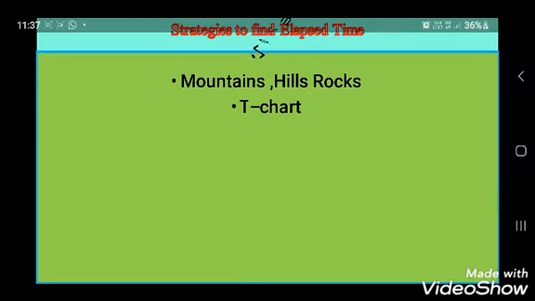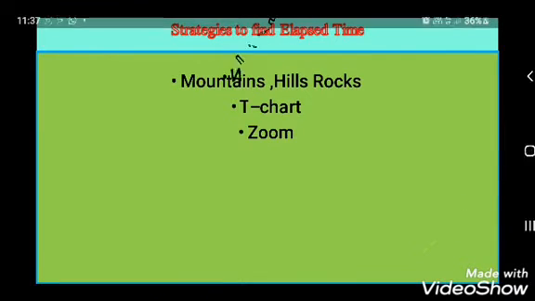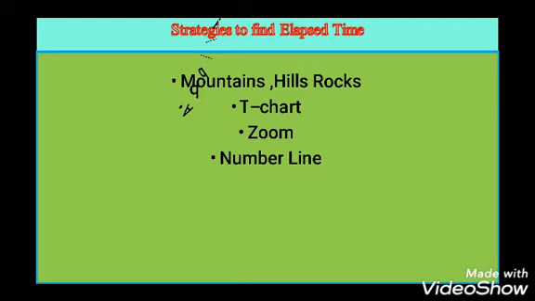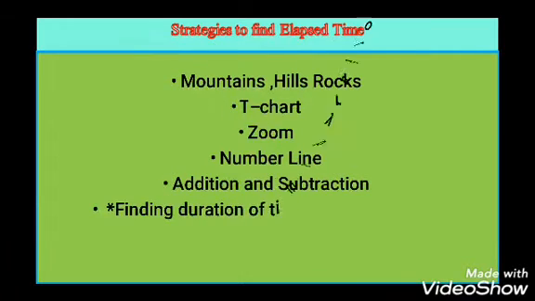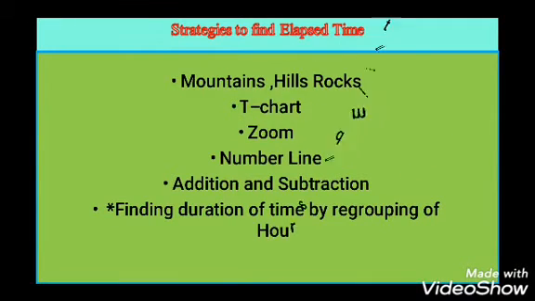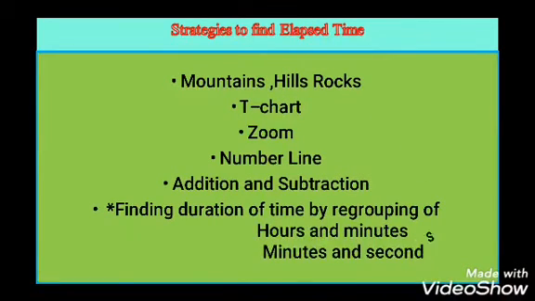So what are the strategies to find elapsed time? Mountains, hills, rocks, T-chart, zoom, number line, addition and subtraction, and finding duration of time by regrouping of hours and minutes, minutes and seconds.